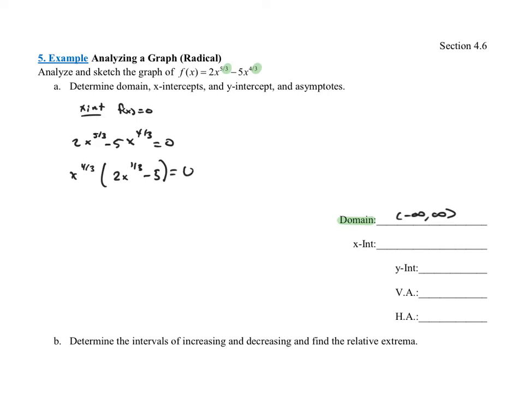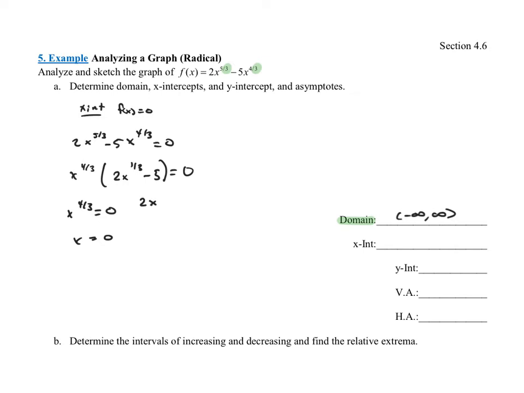And that would equal 0. So then we'd have x to the 4/3 equals 0. Cubing both sides, you'd get 0, and then taking the 4th root of both sides, you would also get 0. So that gives me x equals 0, period.